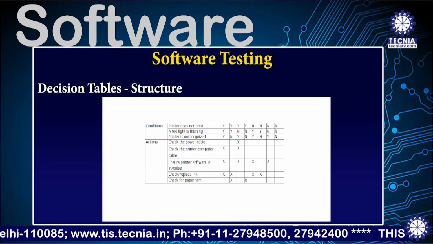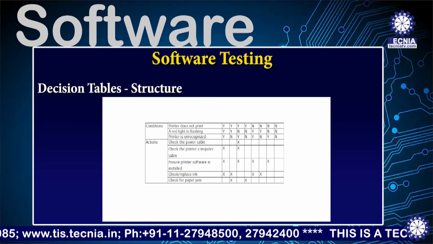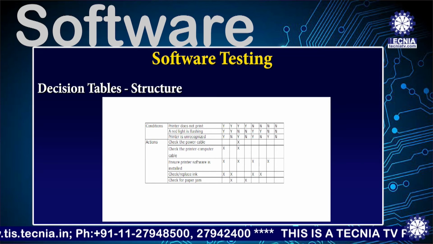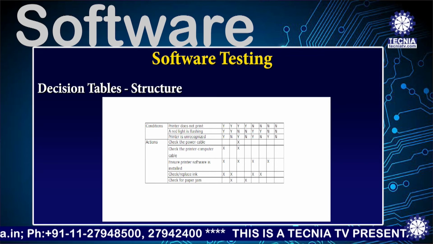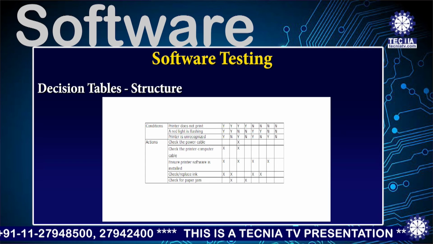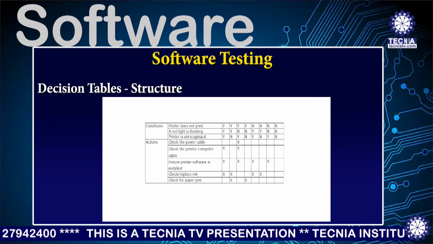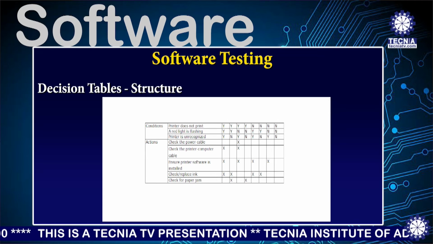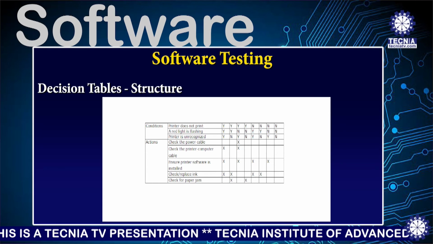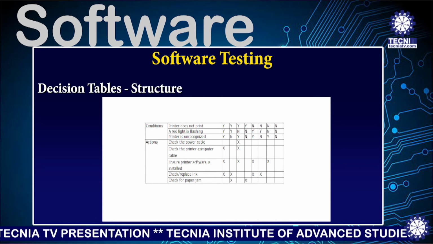Some conditions, some problems may be that the printer is not online. This may be one condition. The second condition may be that there is no power in the printer. The third condition may be that your printer is not connected with the computer, and so on and so forth.